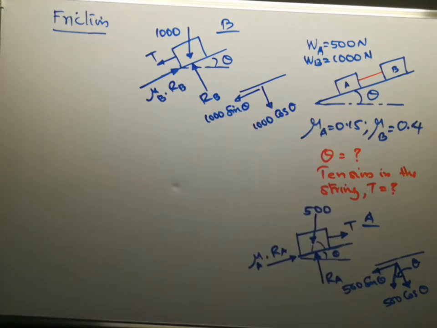So these are the components of forces acting on block A and block B. Other forces we need not resolve because they are already in the mutually perpendicular directions, that is parallel to the plane and perpendicular to the plane.